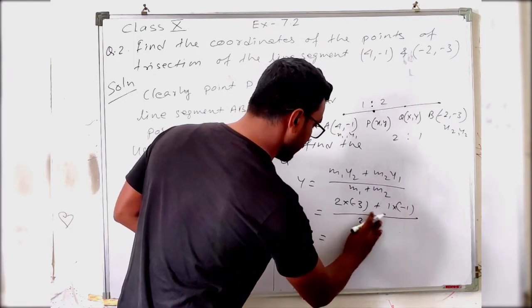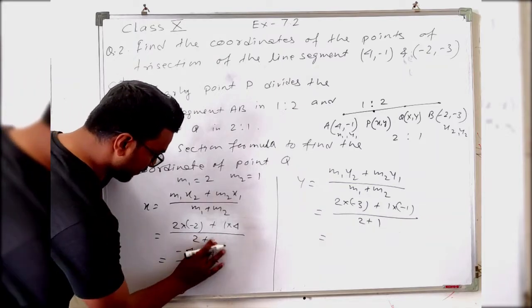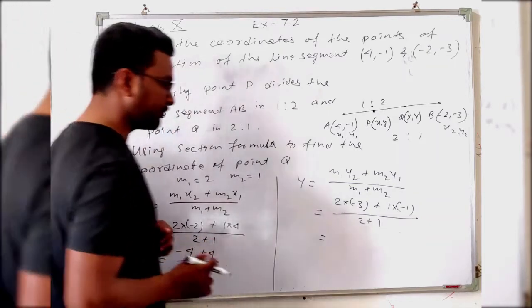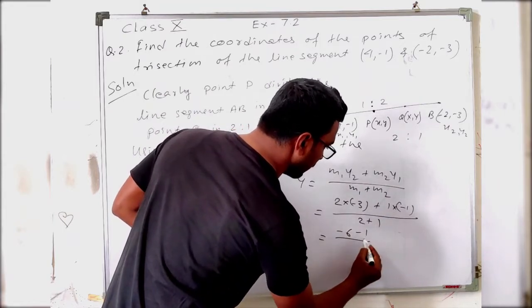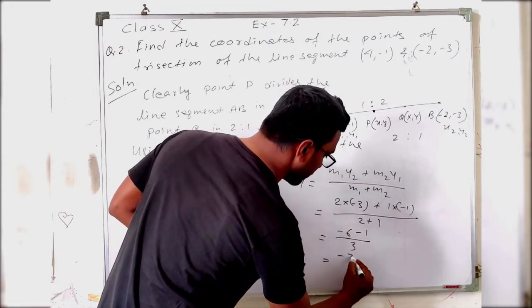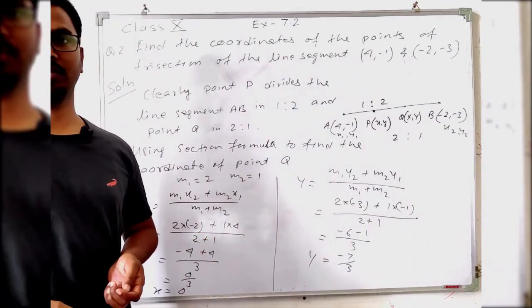It should be 2 plus 1. Similarly here also it will be 2 plus 1. Okay, so this will become minus 6 minus 1 divided by 3. So this will be minus 7 by 3. y equals minus 7 by 3.